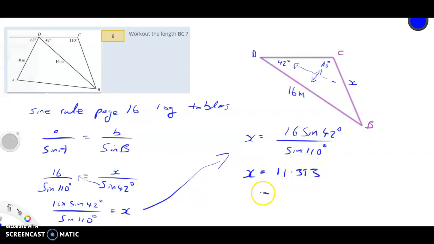We can round that to 2 decimal places, so we get 11.39 meters for this side here. That's it, job done.